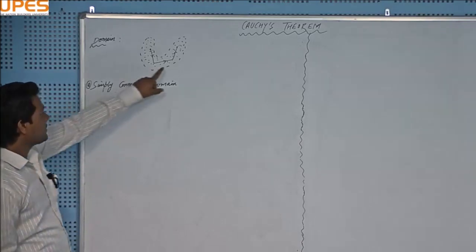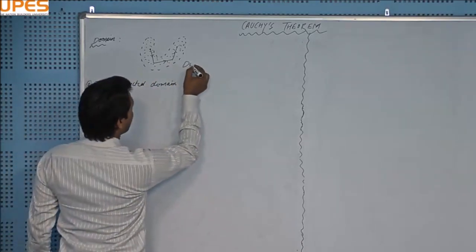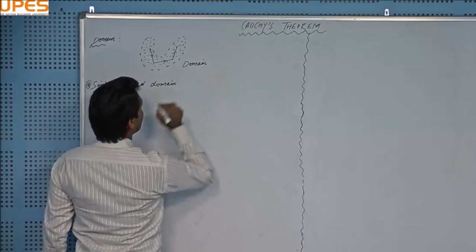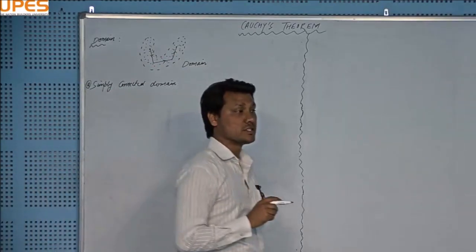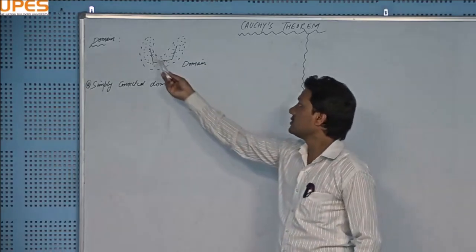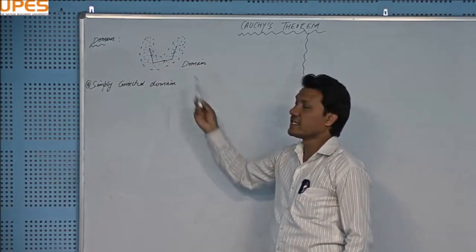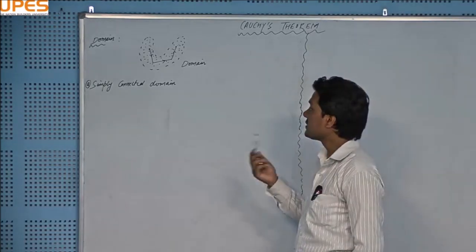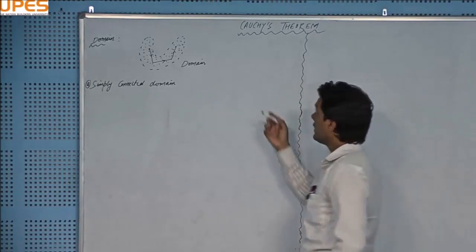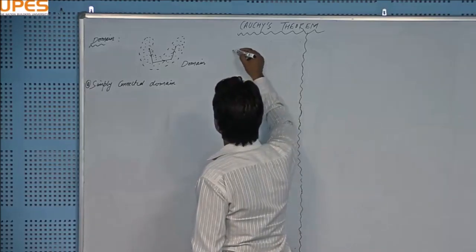You can see that a domain is a set in which any 2 points can be connected by a sequence of polygonal lines. The first thing is that, and all of those lines should lie inside the set, right? Then we'll call it a domain. I should give an example of a non-domain, which is like this.